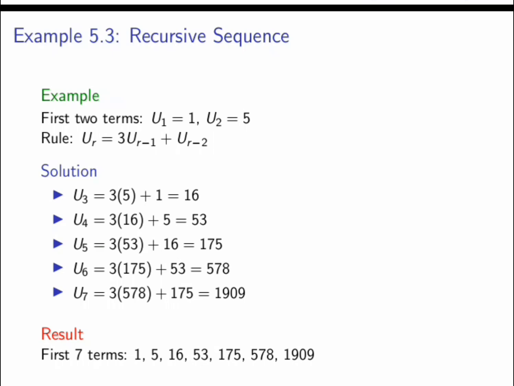Now don't forget that we have the first two terms. For every recursive sequence, the first two terms are always given or always known. Without the first two terms given, you cannot find a recursive sequence.